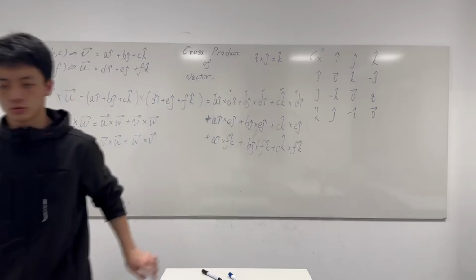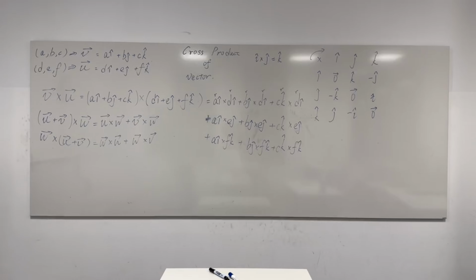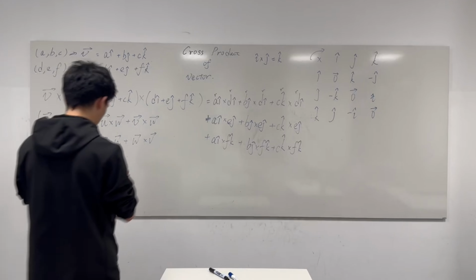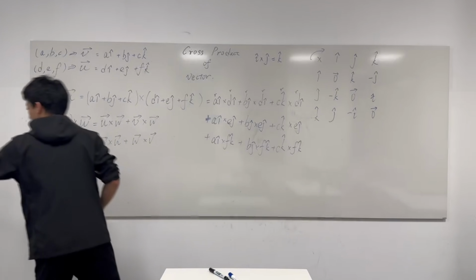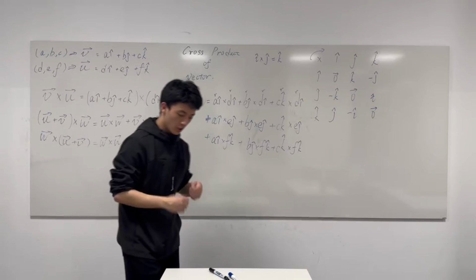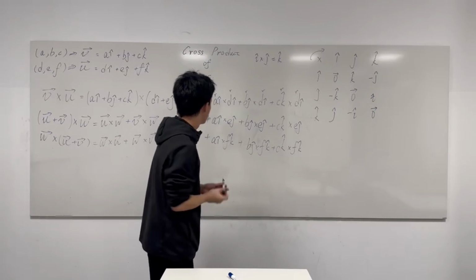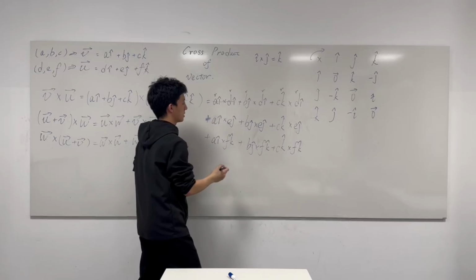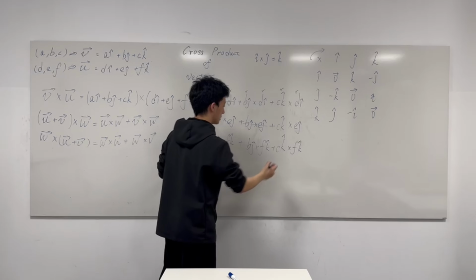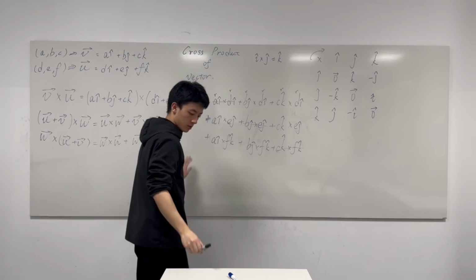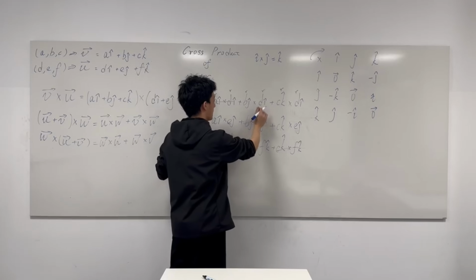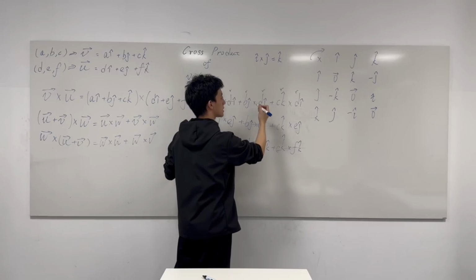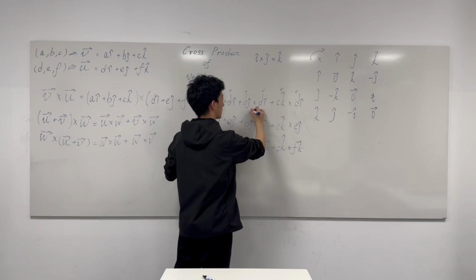So according to this, we can simplify the expression here. We know that these three terms will disappear. Let's continue to simplify. JI is negative K hat.